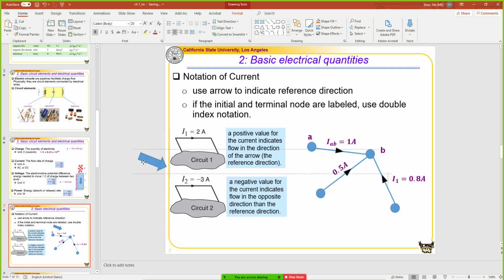That is how we define a current. You can also put the current next to the branch and label it with a number. So this is 0.5 amp. And you can also use numbers as subscripts, say I1, to describe a current.